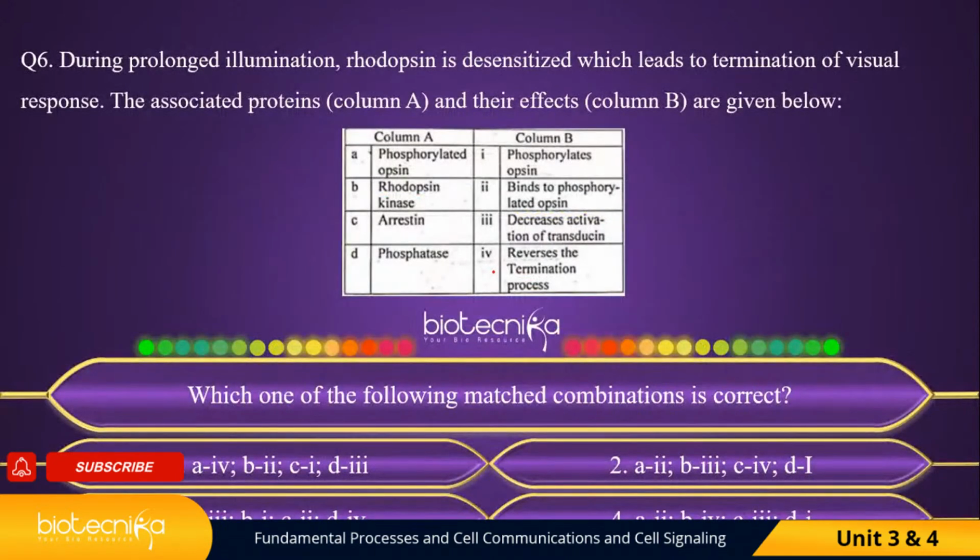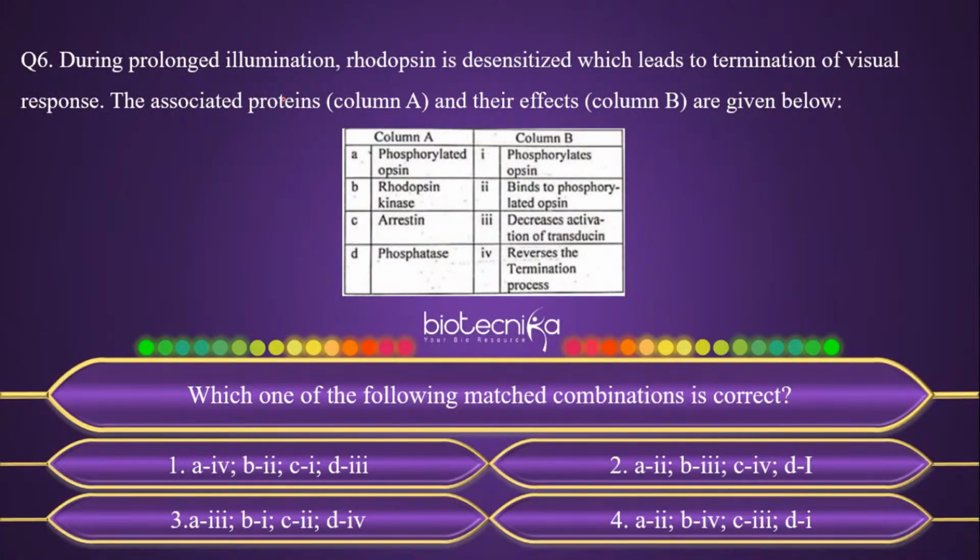Now, the first question to you is: during prolonged illumination, rhodopsin is desensitized, which leads to termination of visual response. The associated proteins are present in column A and their effects are given in column B. So you have to do the correct matching.